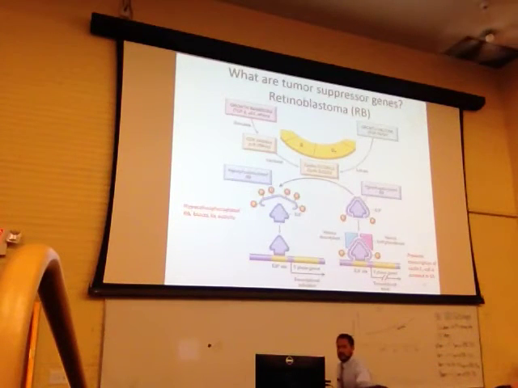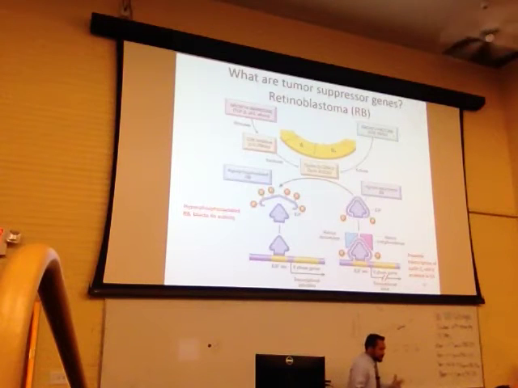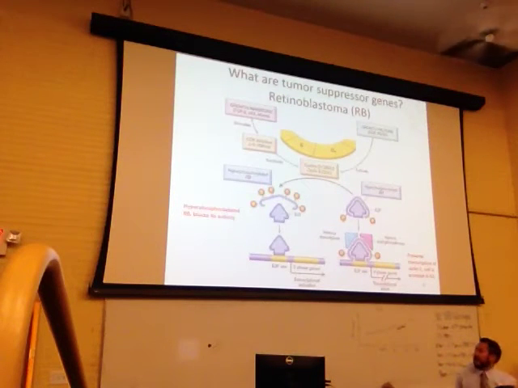So, retinoblastoma exists normally in the body, and what it does is it sits down on the E2F site and causes a transcriptional block.